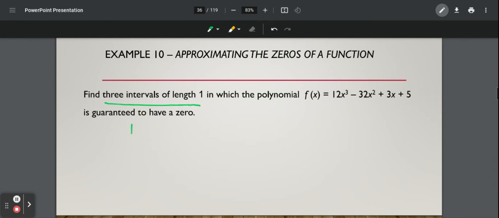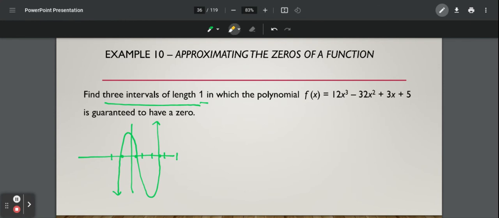If we were to graph that, it looks like we're going to cross somewhere in here, here, and up here. So we have a graph that kind of looks like this. That should be what your calculator looks like. So, 3 intervals of length 1.